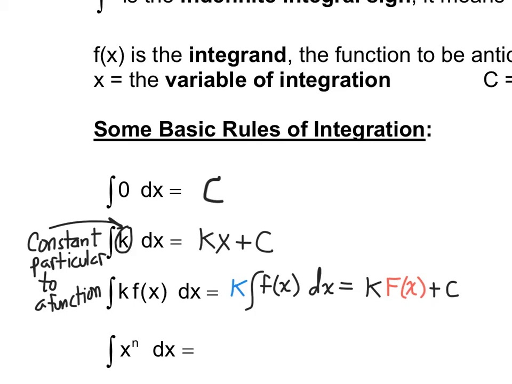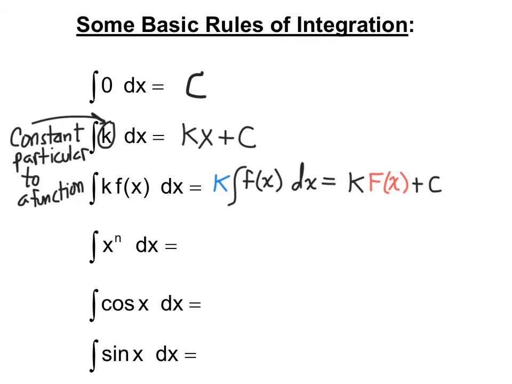All right. Now the next one, notation-wise, looks pretty funky, but it's a power function. Power functions are easy enough to handle because for derivatives anyway, we have a power rule, right? We would multiply the power by the coefficient and then reduce the power by 1.